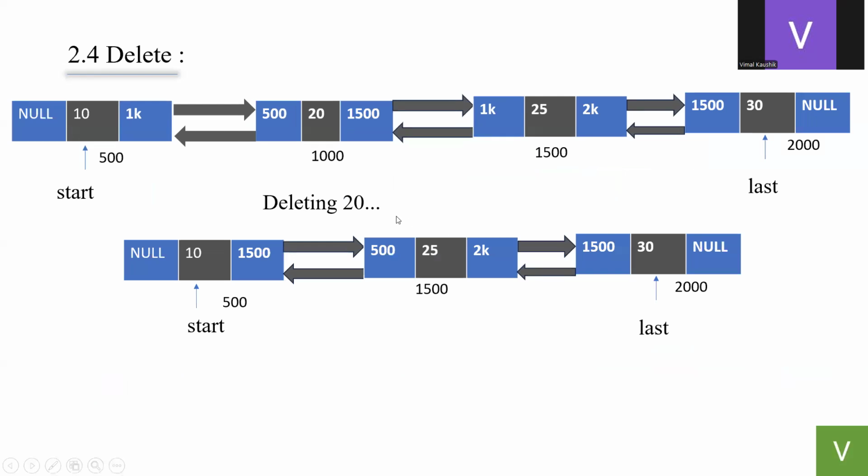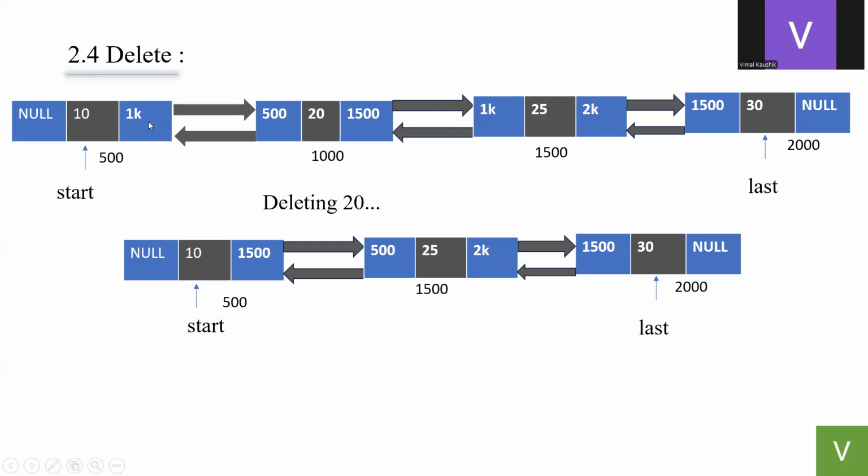Now let us look into the deletion operation. Suppose we want to delete a node 20, simply we will use free function and we will change the next link and previous link of the corresponding nodes. Observe that here 1000 is getting deleted.